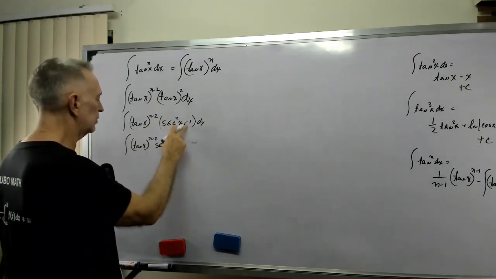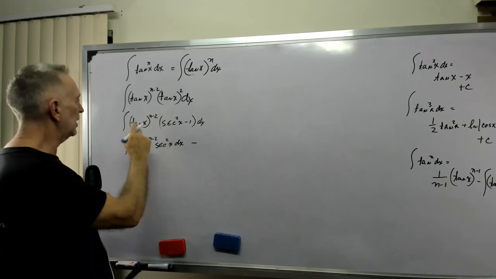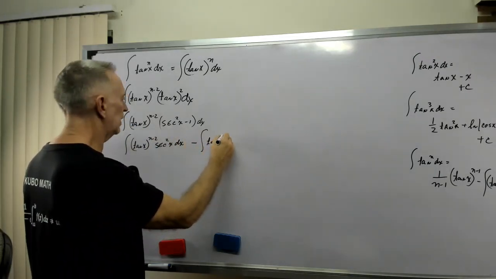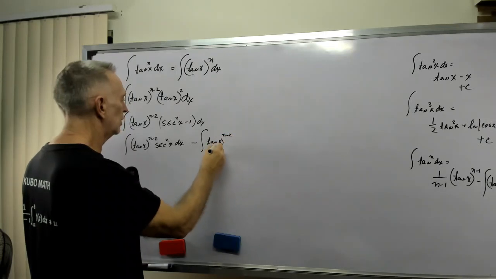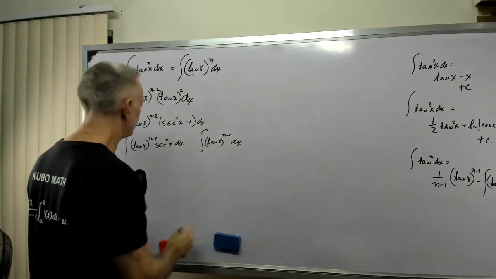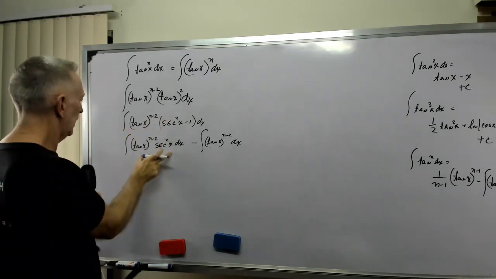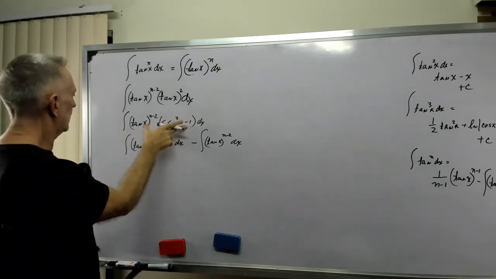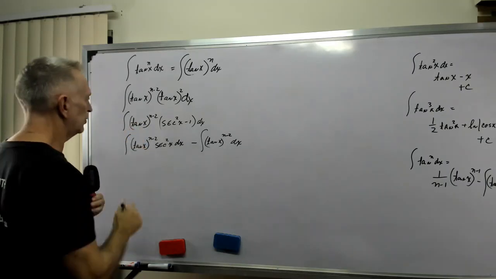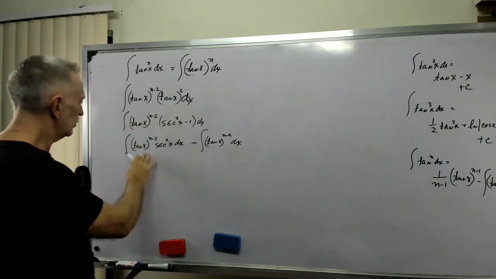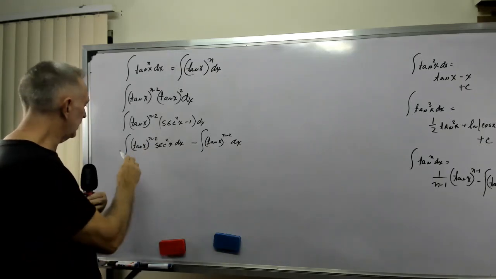Minus, so that's this negative, 1 times tangent, so the integral of tangent x to the n minus 2 dx. Okay, so we have this function, and then a negative 1 times tangent x to the n minus 2 dx. All right, so let's let u equal tangent x.